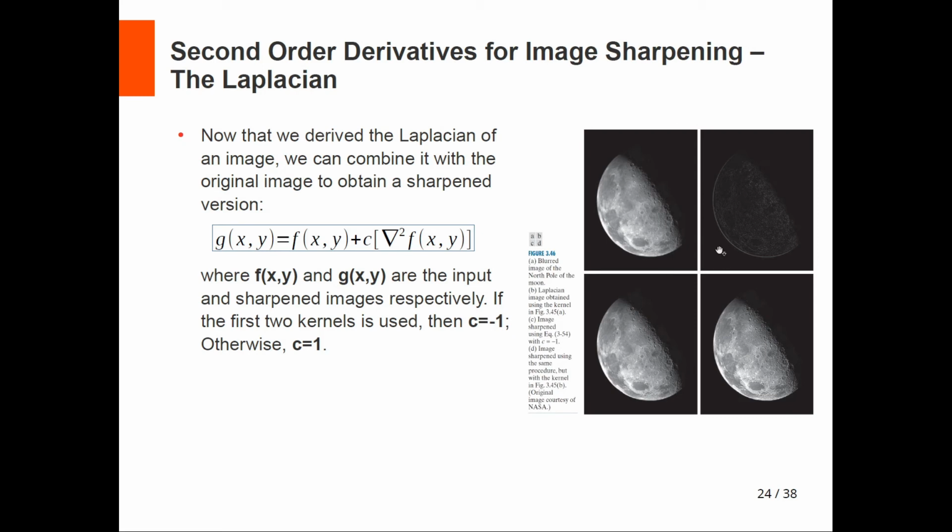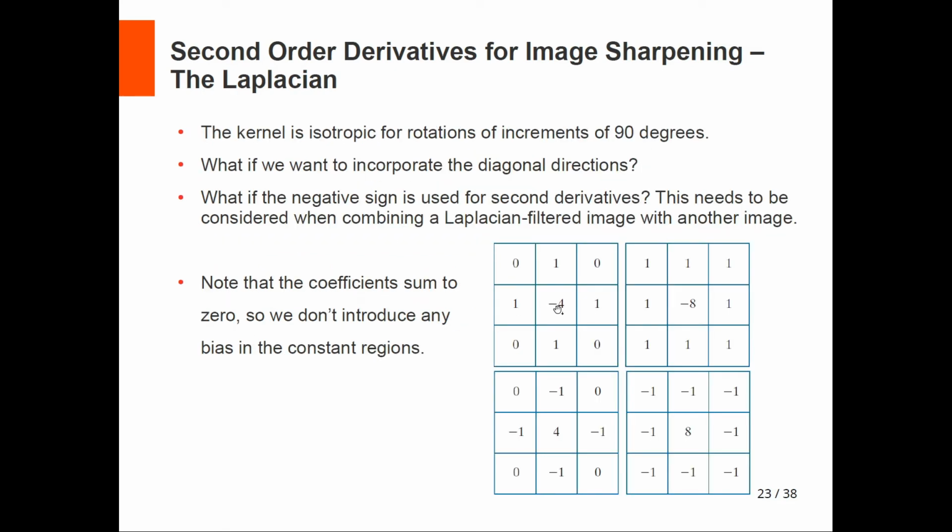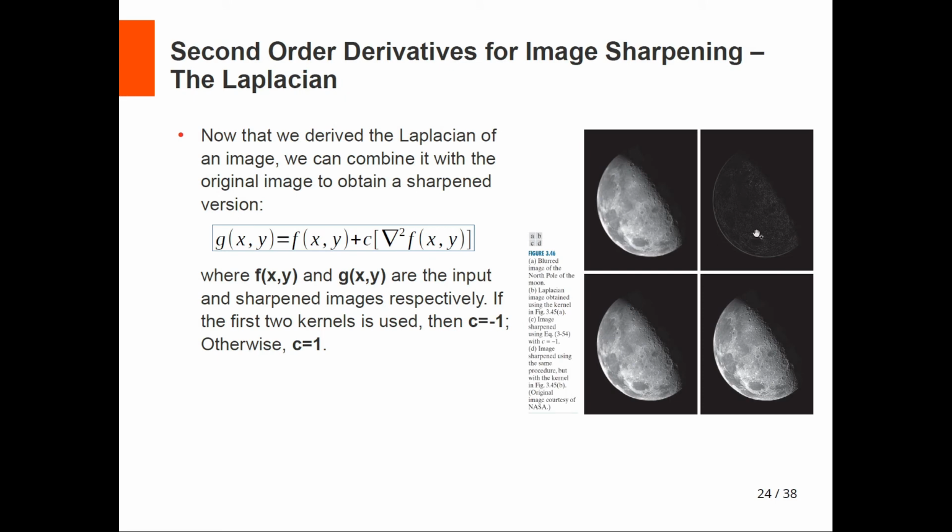Then what we do is that we add this image using a value of c equals -1, because if you remember, the value at the center here is -4. So since we want to add these additional details, the value for c needs to be -1. So after adding these two images together, this is the sharpened image that we get.